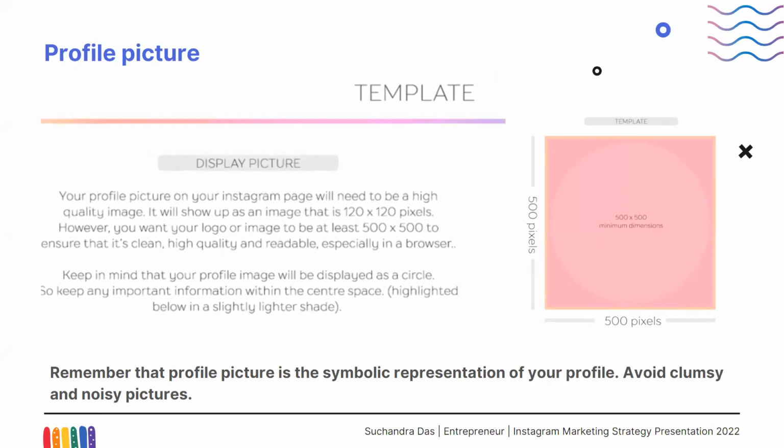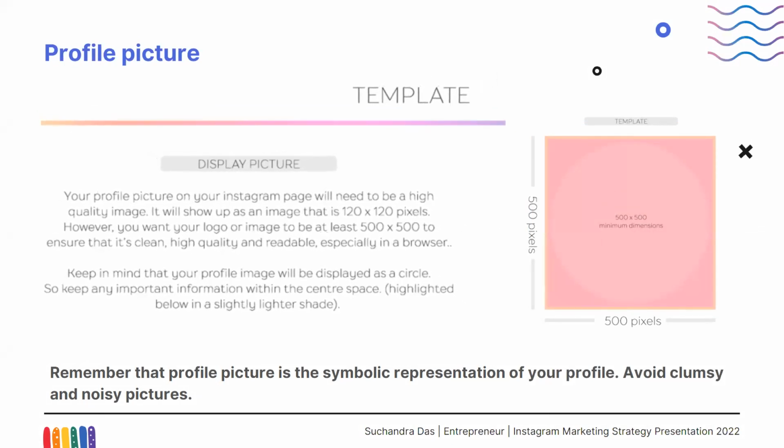Profile picture: you already have a profile picture, but this is a very important point when anyone is visiting your profile, or perhaps anyone is viewing your content, not even going to your profile. So there are some dimensions and pixels I have mentioned here. If you follow this, you will get a nice, decent profile picture.